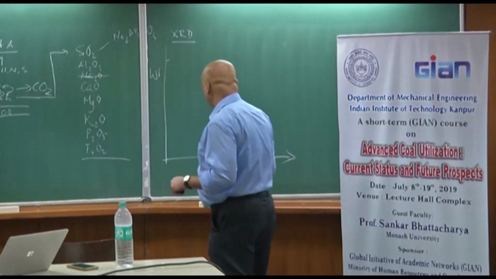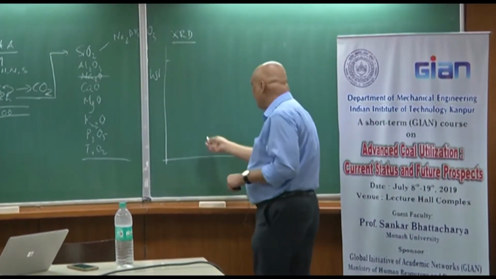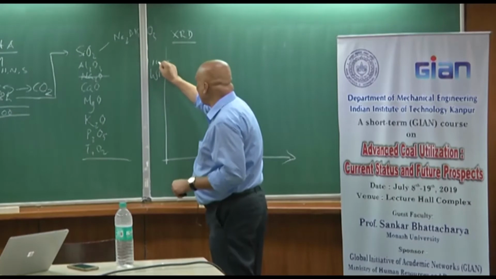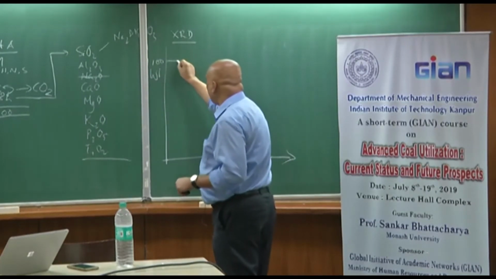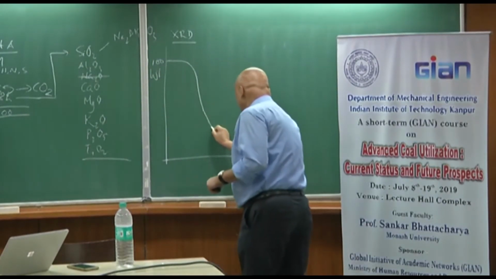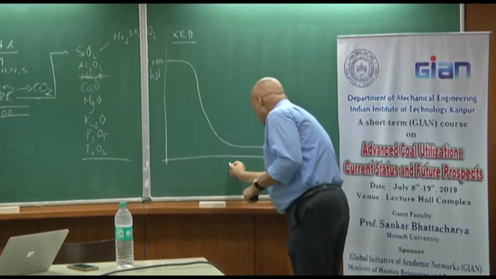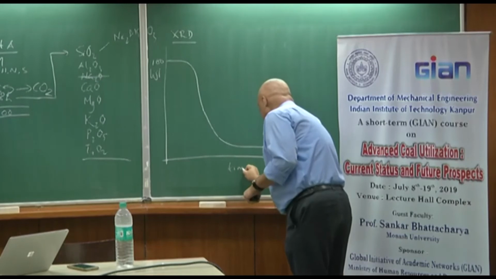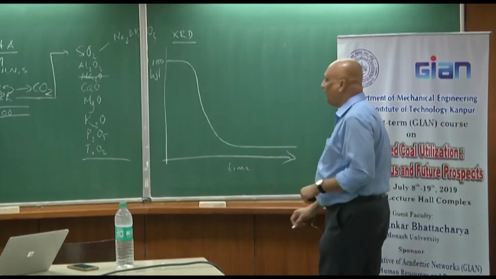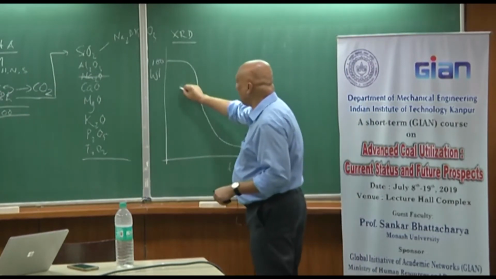So you start with 100%. So you will see this type of curve. This is time at a particular temperature. Say this is at 900.